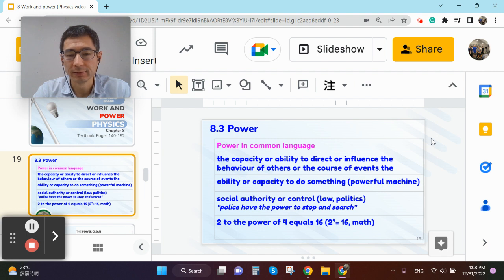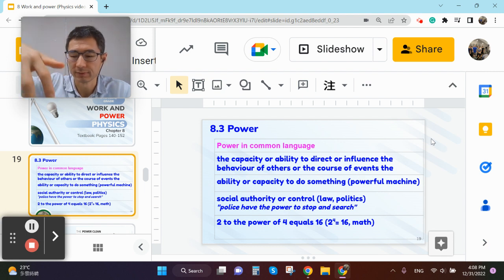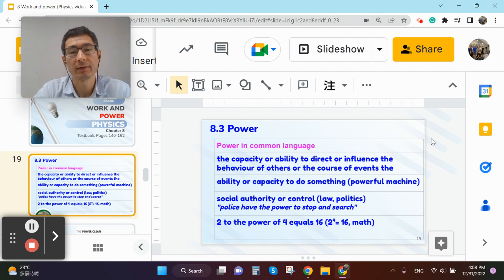In machines, if one machine is very powerful, we say the machine can carry many things or can do high capacity jobs. If a crane is very powerful, we say it can lift heavy loads.